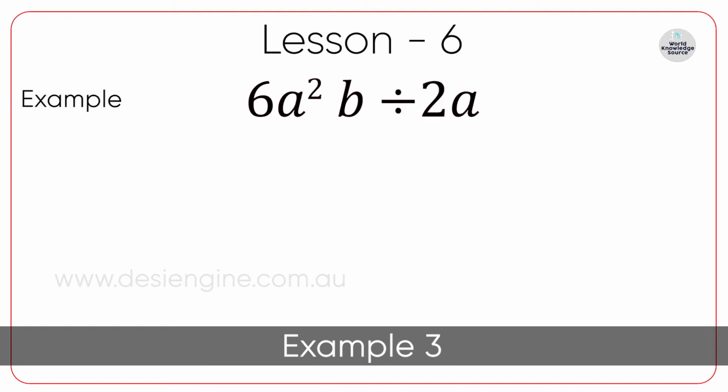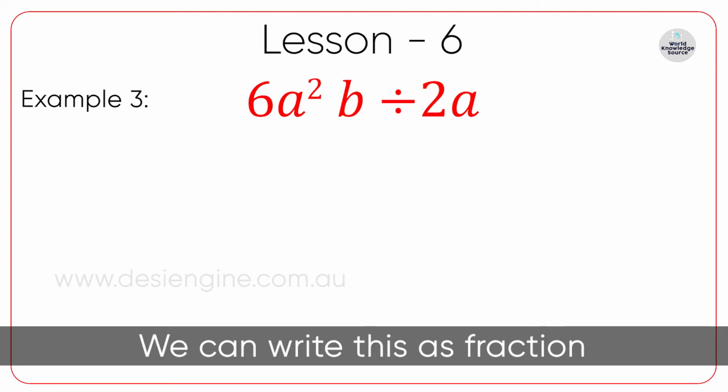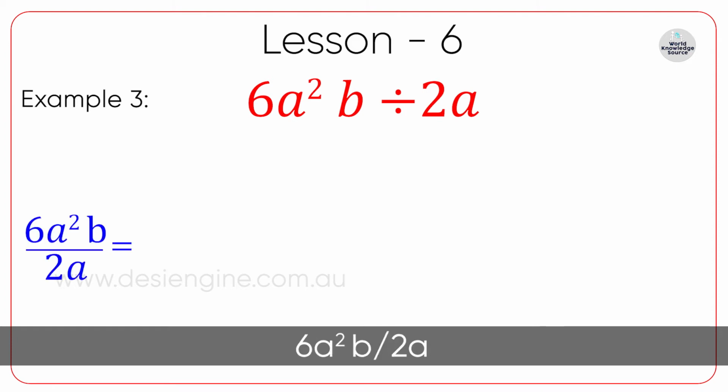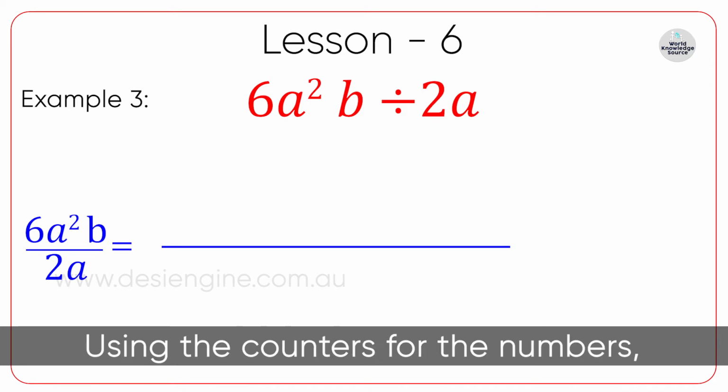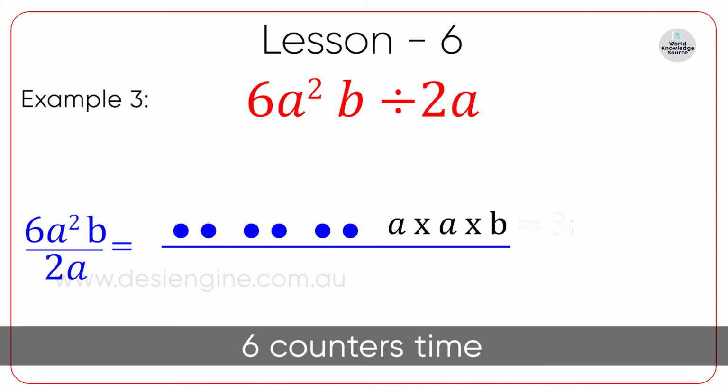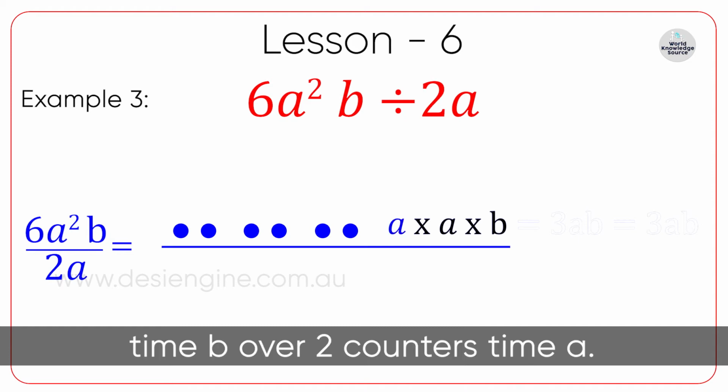Example 3. 6a power of 2 b divide 2a. We can write this as a fraction, 6a power of 2 b over 2a. Using the counters for the numbers, we can write this as 6 counters times a times a times b over 2 counters times a.